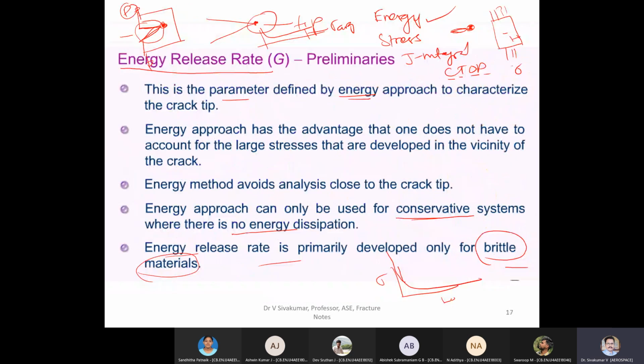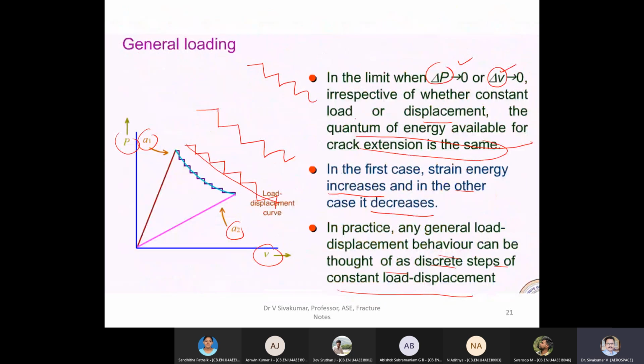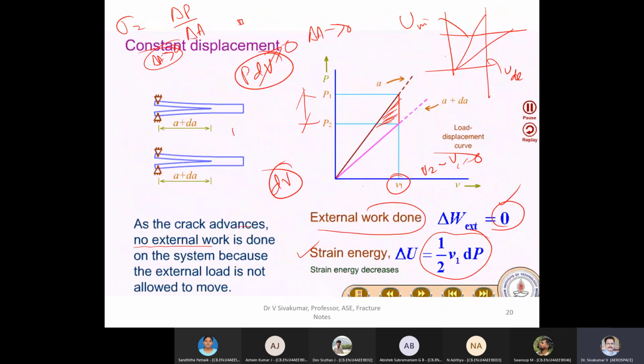So this is one important discussion in fracture mechanics on the energy. How the energy is increasing, how the energy is decreasing for the same case. Here we have estimated the amount of energy required to produce the delta A, but in two scenarios: one is increment at constant load, another is constant displacement.